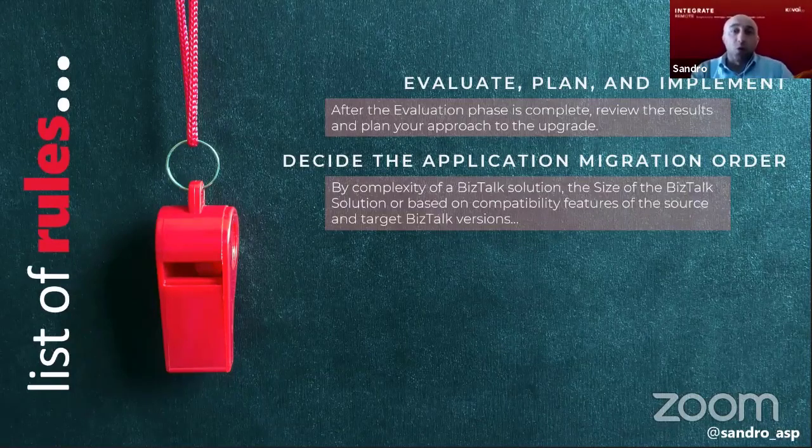So we just need to capture all of these inputs and define a plan, and decide the order of this migration. What order are we going to pick to migrate all of these solutions? It can be based on the complexity of the solution. Let's start with the easy ones.